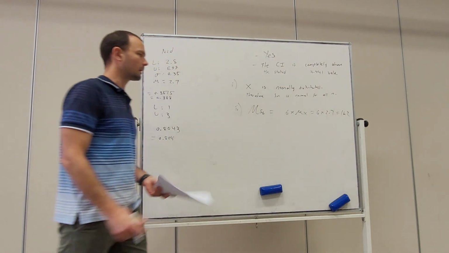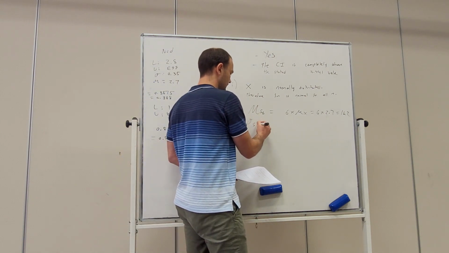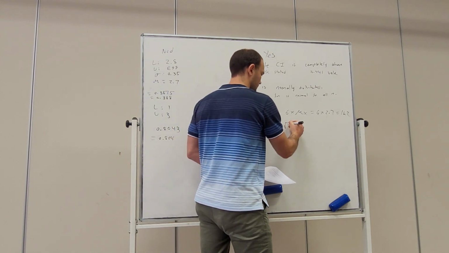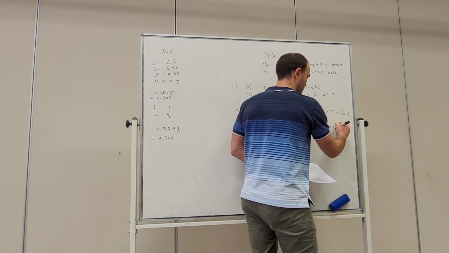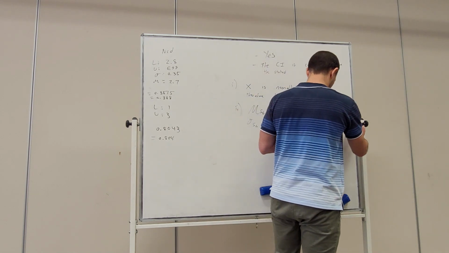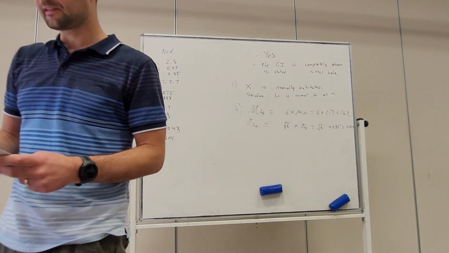So being very clear how we arrive at that 16.2 value. The same with the standard deviation of S6, which is the square root of 6 times the standard deviation of X, square root of 6 times 0.35, and we get that 0.857. Okay, very good. So we're calculating S6.